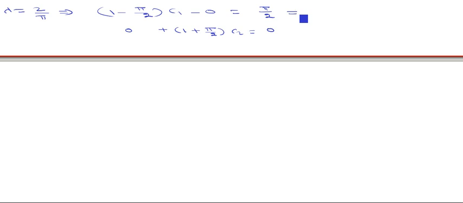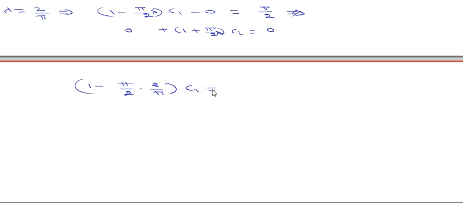Now substituting lambda equal to 2 by pi, 1 minus pi by 2 into 2 by pi into c1 equal to pi by 2.